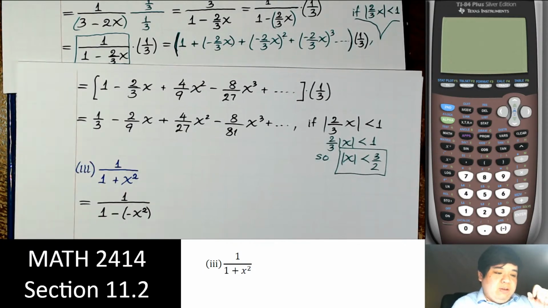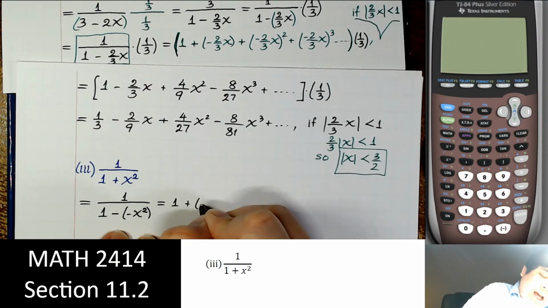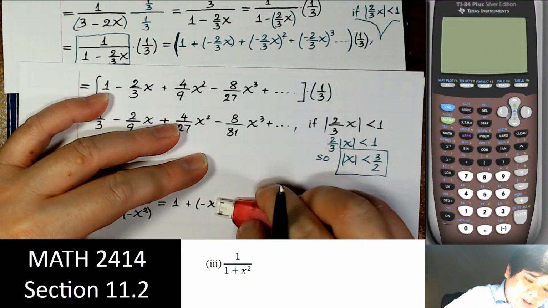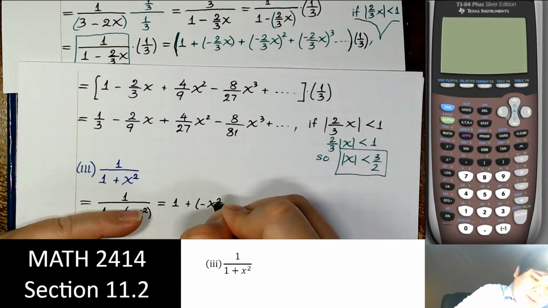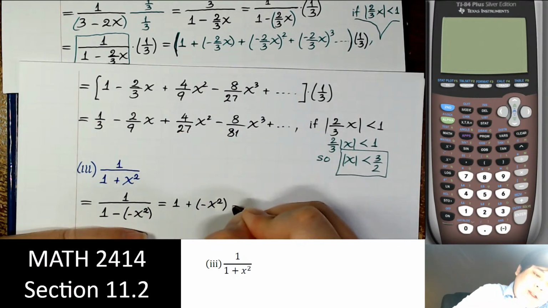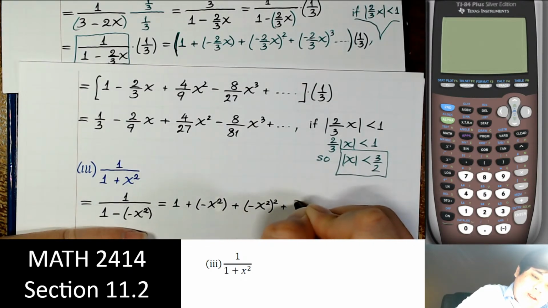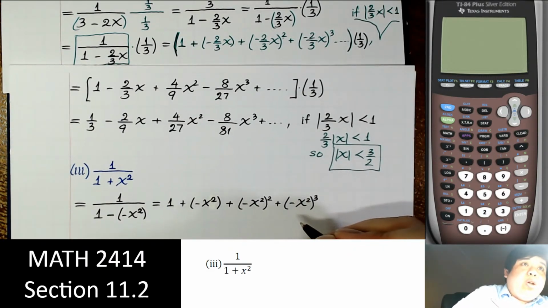Negative is positive, and we always have to write 1 over 1 minus something, and that is equal to 1 plus that something, and that something square, and that something cube.